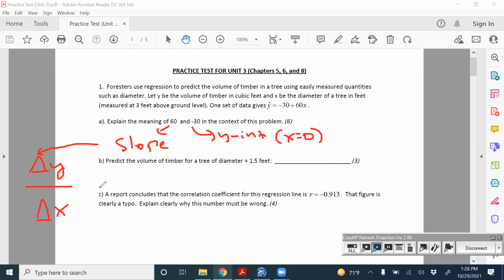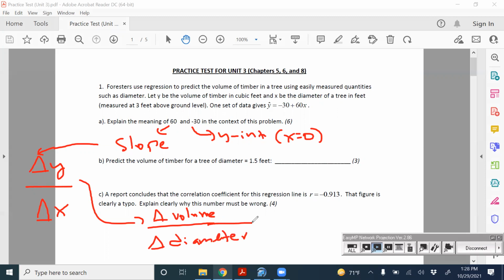And more specifically, that's going to be the change in volume over the change in diameter. So I'll kind of leave it up to you how you explain it. But those are the things you kind of need to work with, just so you know.